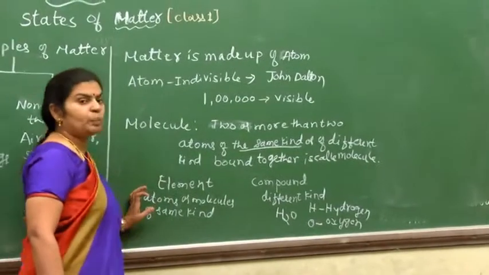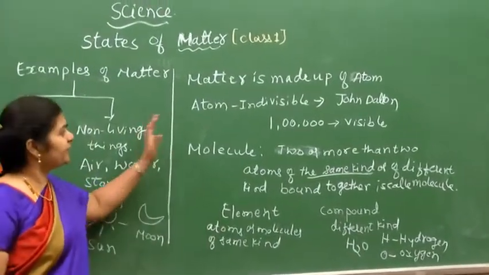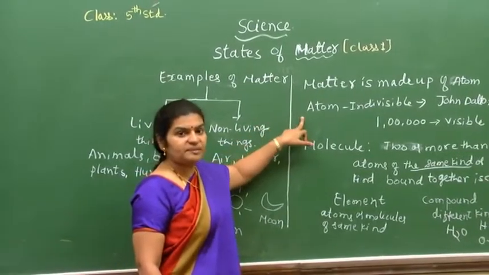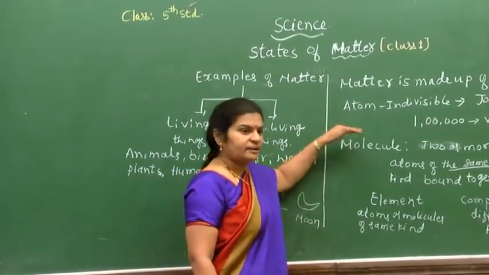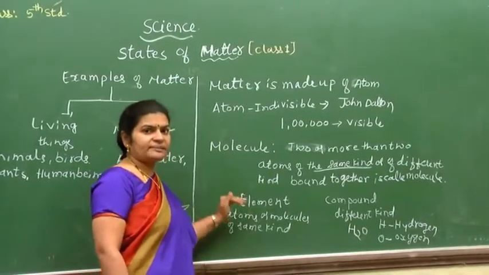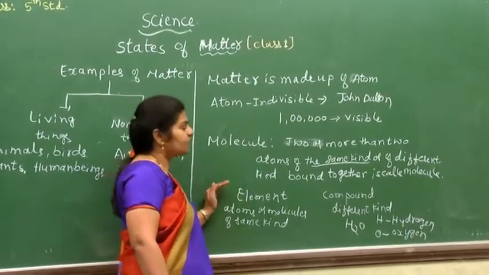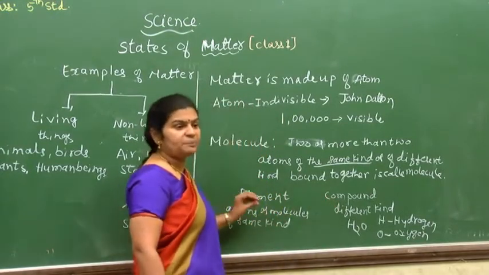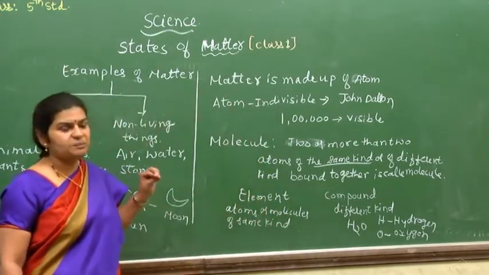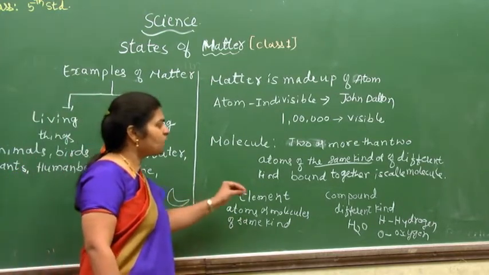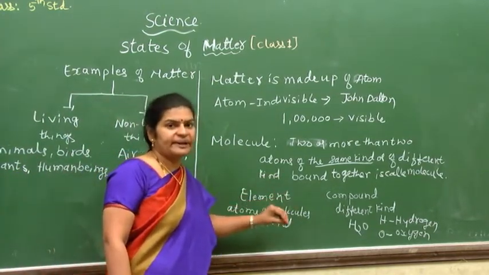In that way, matter is made up of atoms, and again we divide it into two categories. First one is element, second one is compound. Element is made up of atoms of the same kind or molecules of the same kind. Then compound contains different kinds.